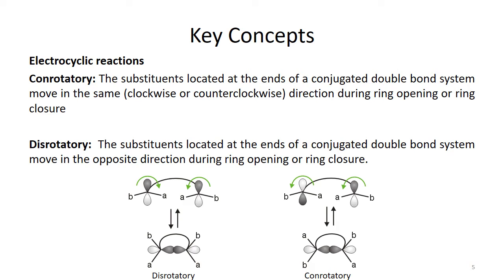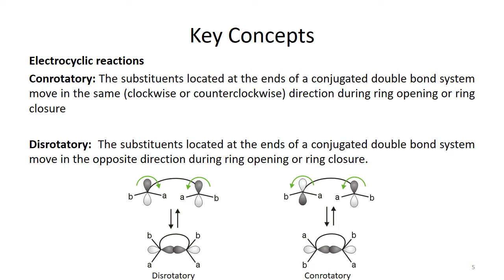In conrotatory mode, both atomic orbitals of the end group turn in the same direction, such as both rotating clockwise or both anti-clockwise, but their direction shall be the same. It could be ring opening or ring closing. In both ways, the terminal orbitals shall move.